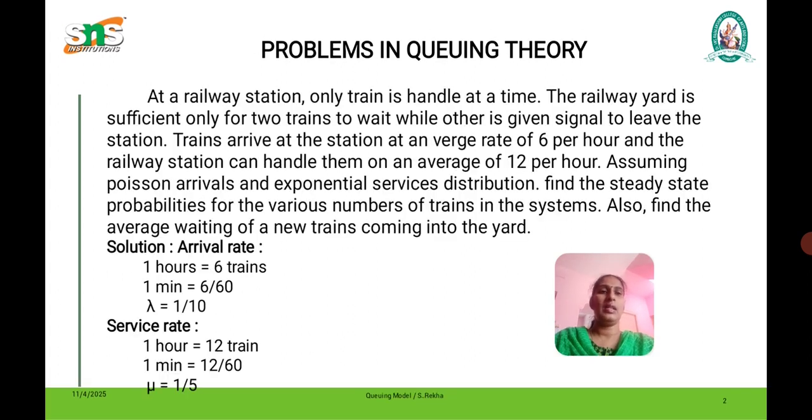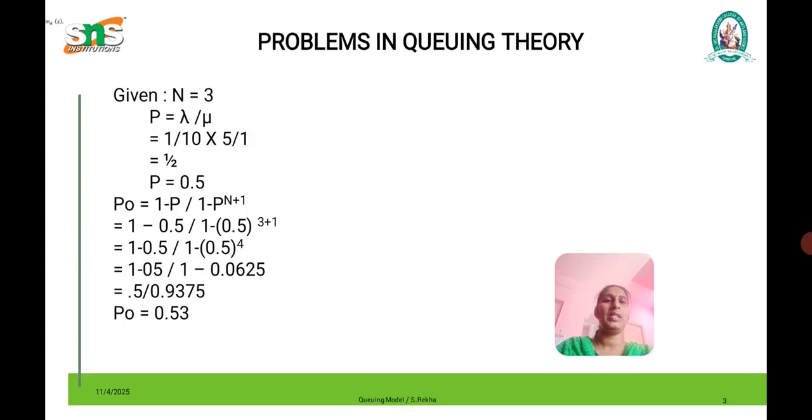Next, what is the other calculation? We are going to find the steady state probability of the various numbers of trains in the system. In order to calculate the steady state, P naught equals (1 minus rho) divided by (1 minus rho) to the power of n plus 1. Already rho is 0.5, which we have noted. So (1 minus 0.5) divided by (1 minus 0.5) whole to the power of 3 plus 1.